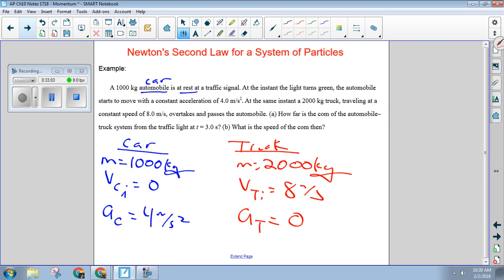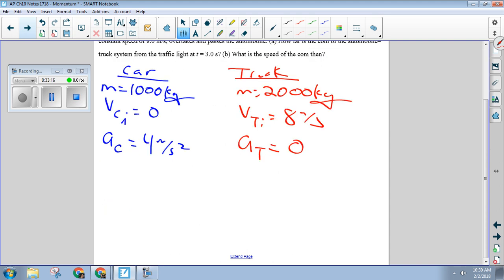The question wants to know, how far is the center of mass of the automobile-truck system from the traffic light at t equals 3 seconds? It's worth jotting down that they have the same starting position. So the position of the car initially is 0. The position of the truck initially is 0.